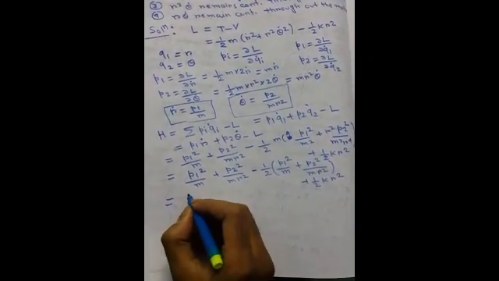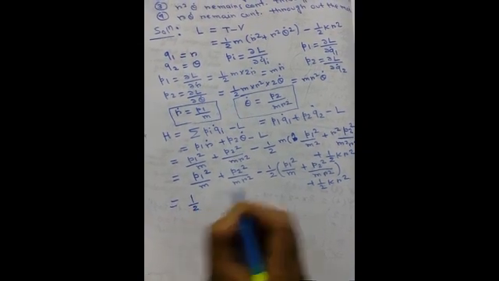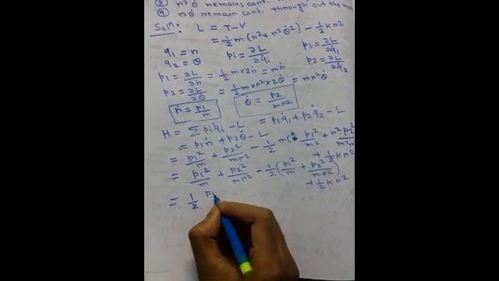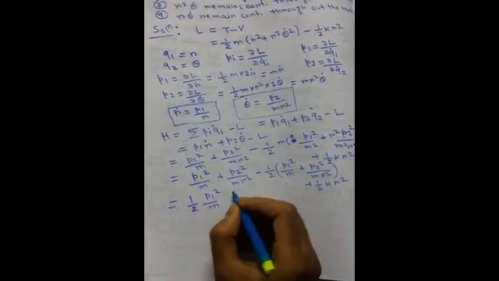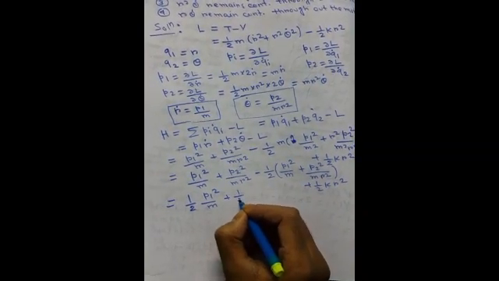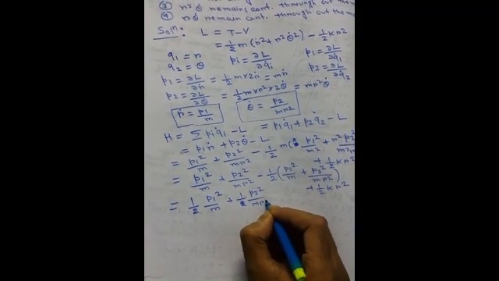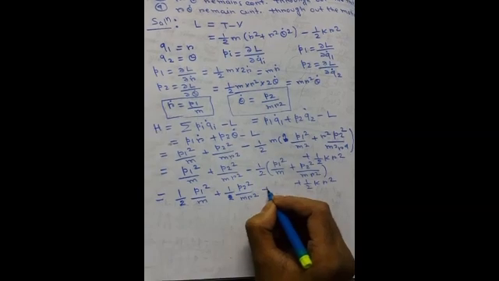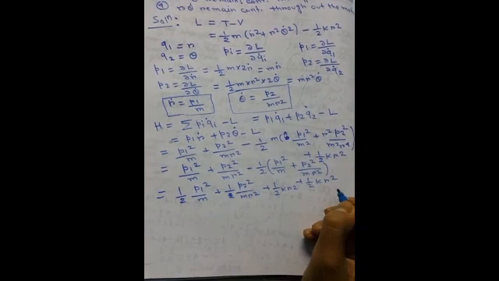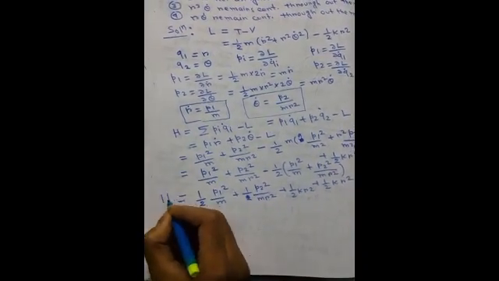Then this equals, 1 minus half is half, half p1 squared by M plus half p2 squared by M r squared plus half K r squared. Now this is the Hamiltonian H.